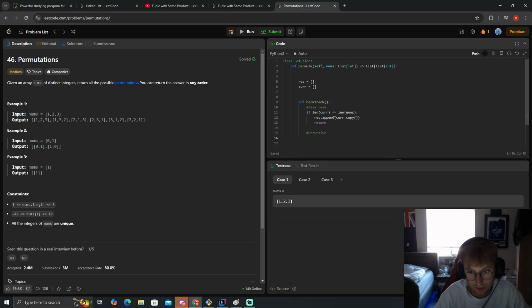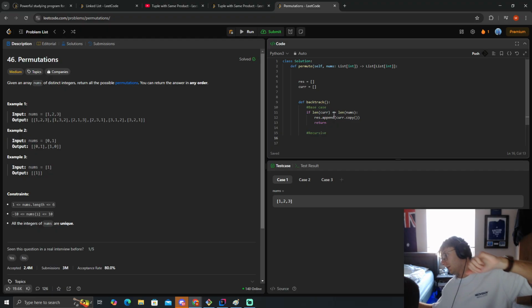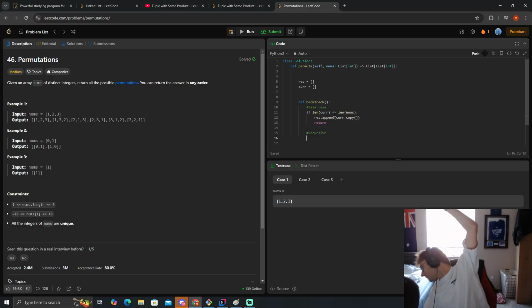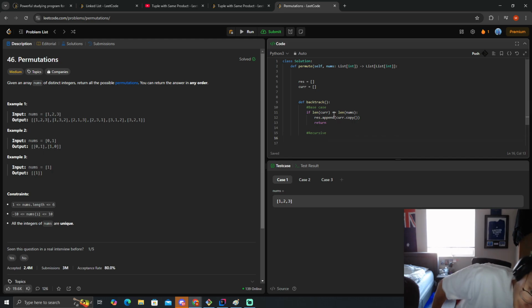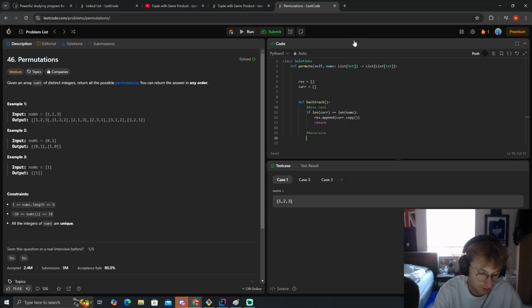We need our recursive case, right? And in this case, our recursive case would be either... what would our recursive case be, man? Oh my gosh. Guess we want to do if. Guess we would just want to call backtrack.